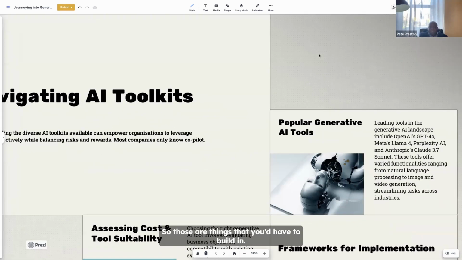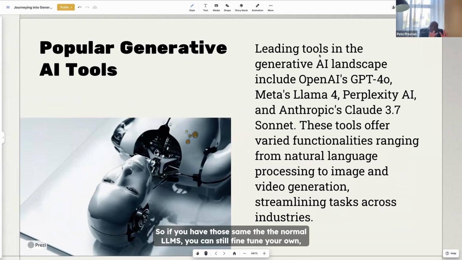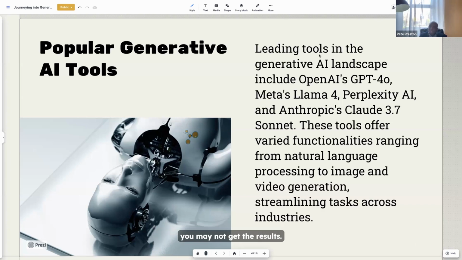So those are things that you'd have to build in. If you have the normal LLMs, you can still fine tune your own, build your own systems fine tuned on the data and make it work for you in a more accurate manner. Because if you use just what they have currently out there, you may not get the results.